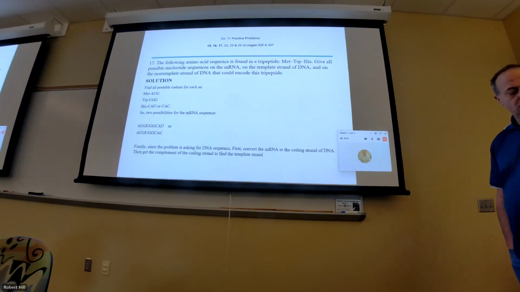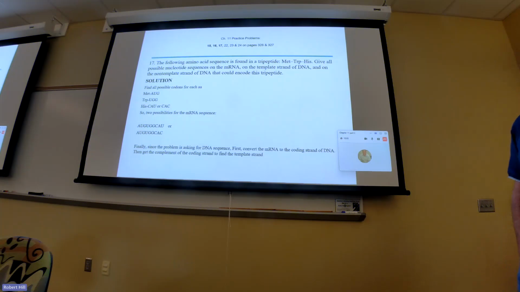Okay. All right. They give you a short amino acid sequence. All right, tripeptide, methionine, tryptophan, and histidine. You have all the possible nucleotide sequences on this mRNA.